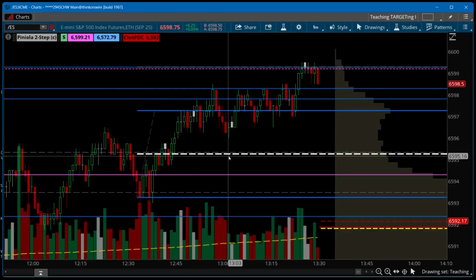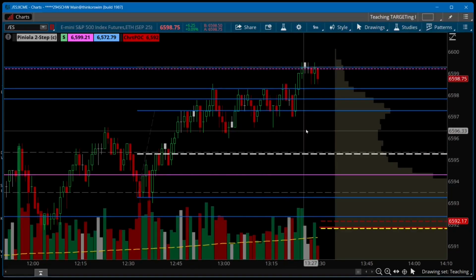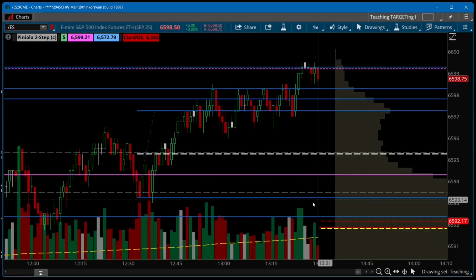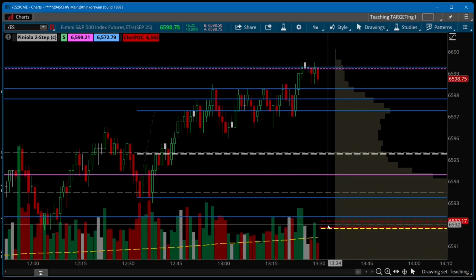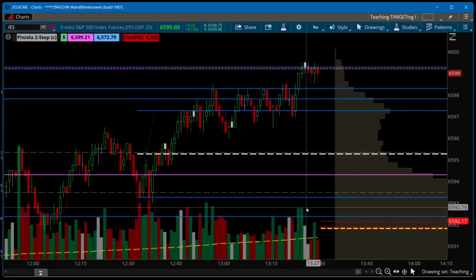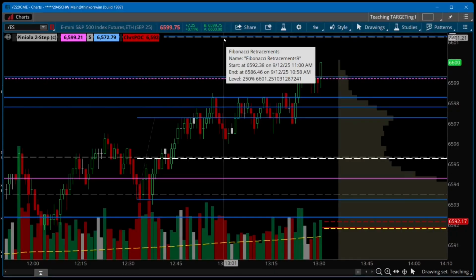But because it did not reach the 0.5, that makes it a 2.0 pattern. And we still got all this down here magnetizing it. So I've still not ruled out the fact that we may come all the way back. That would be my target.